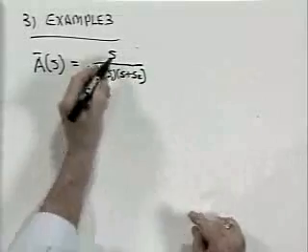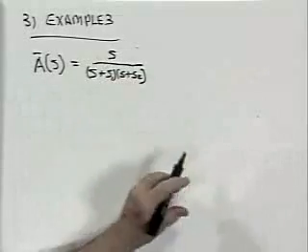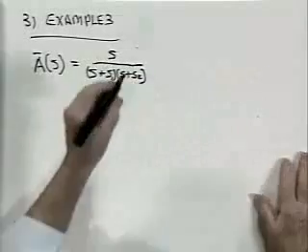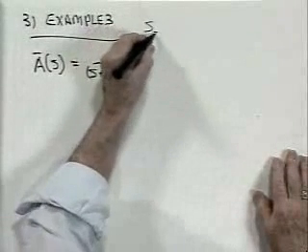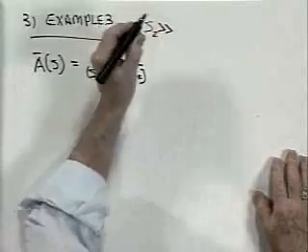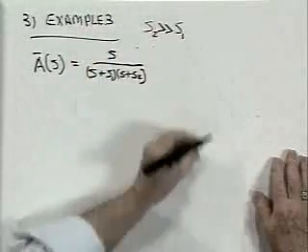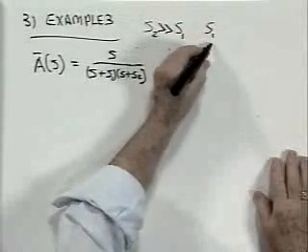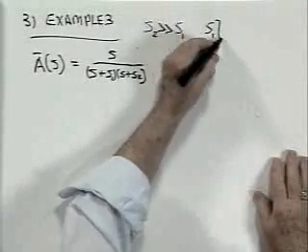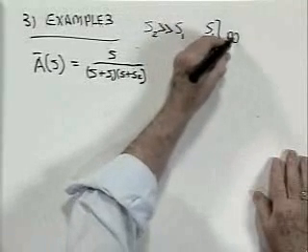Ratio of polynomials, first order in the numerator, second order in the denominator, and I'm going to leave it in factored form because I want to assume that s2 is orders of magnitude greater than s1, and s1 and s2 are positive real numbers.